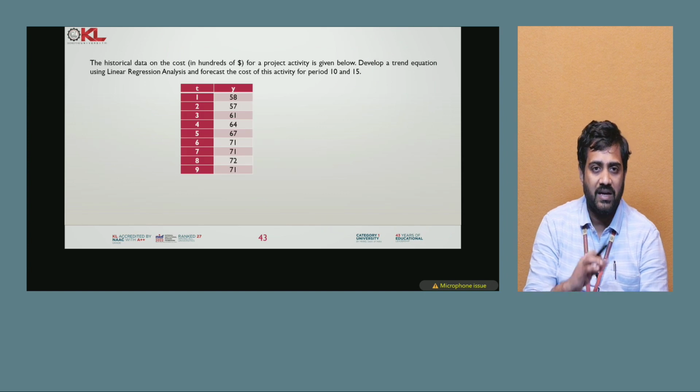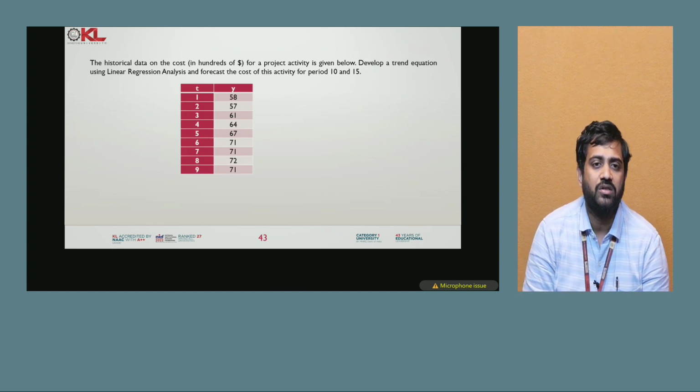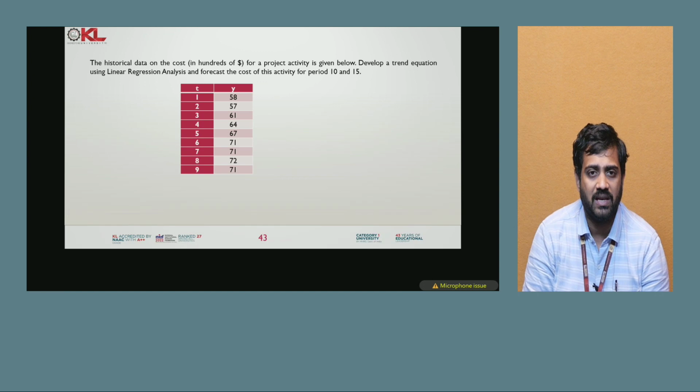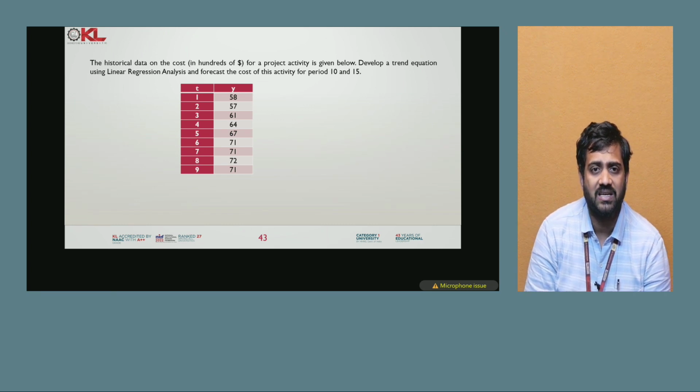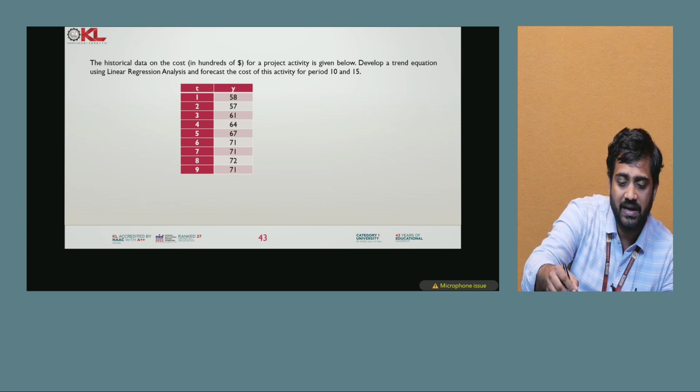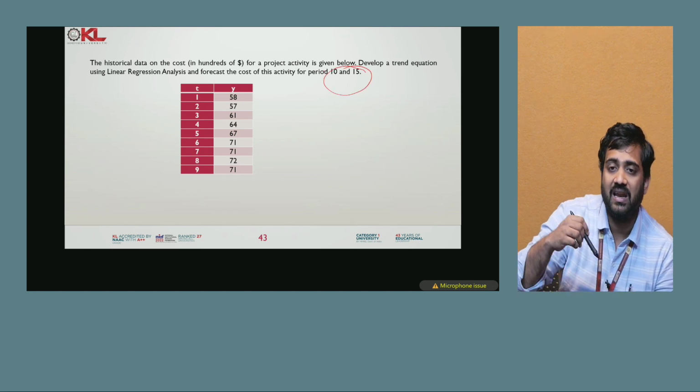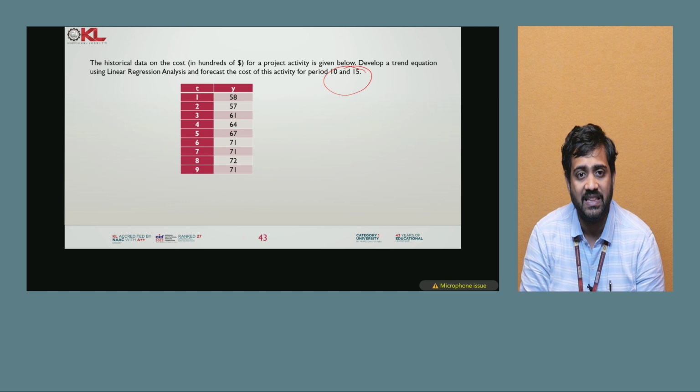Now take one example. The historical data on the cost, in hundreds of dollars, for a project activity is given below. Develop a trend equation using linear regression analysis and forecast the cost of the activity for periods 10 and 15. You see the difference here.